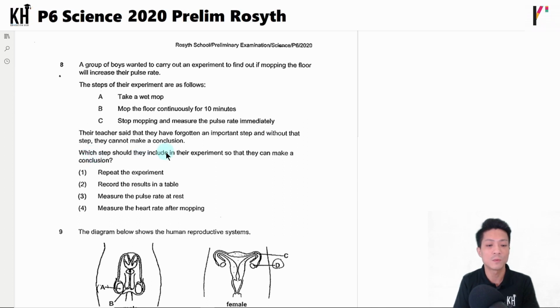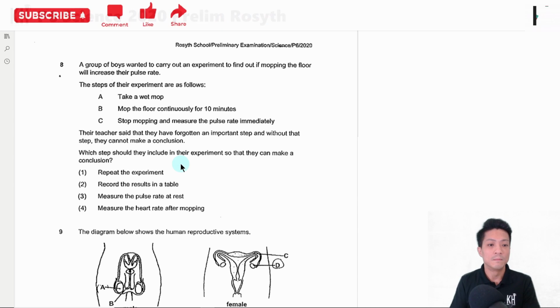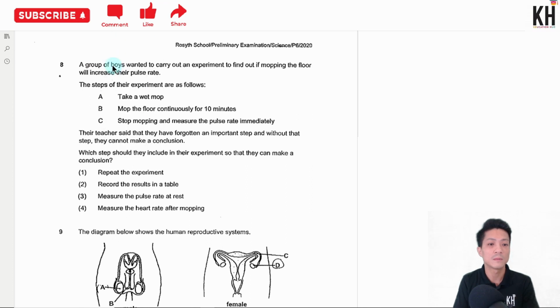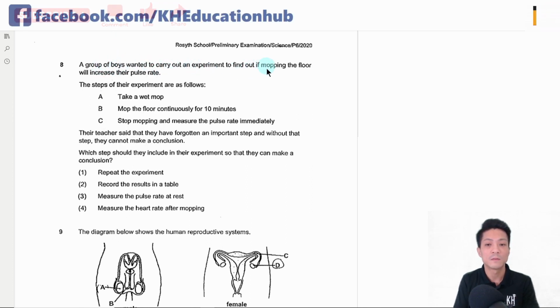So which step should they include in their experiment so that they can make a conclusion? Okay, they want to find out if mopping the floor increases the pulse rate.